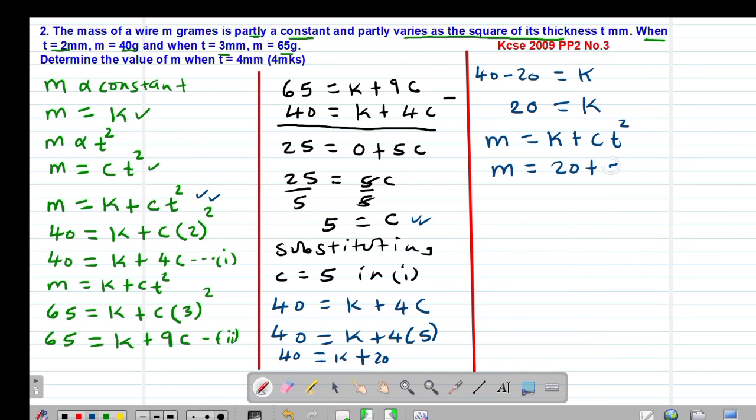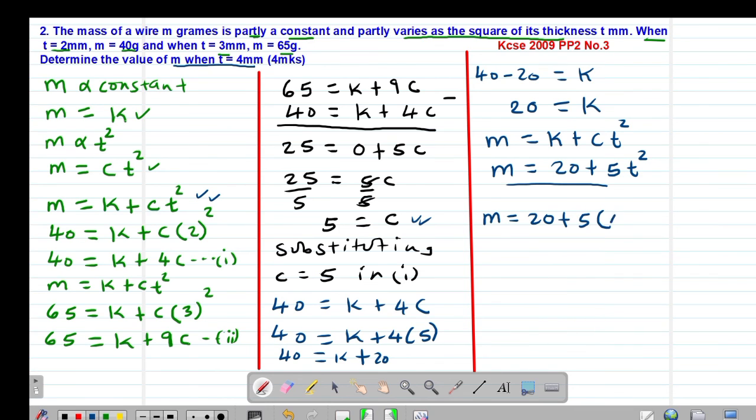So this will be 5T squared. So this is the equation connecting M and T. So if I've gotten the equation, remember they want me to determine the value of M when T is equal to 4 millimeters. So I'll simply substitute.